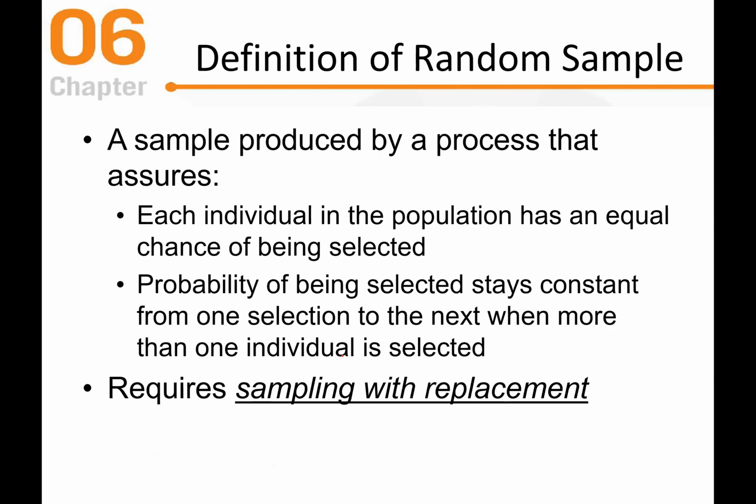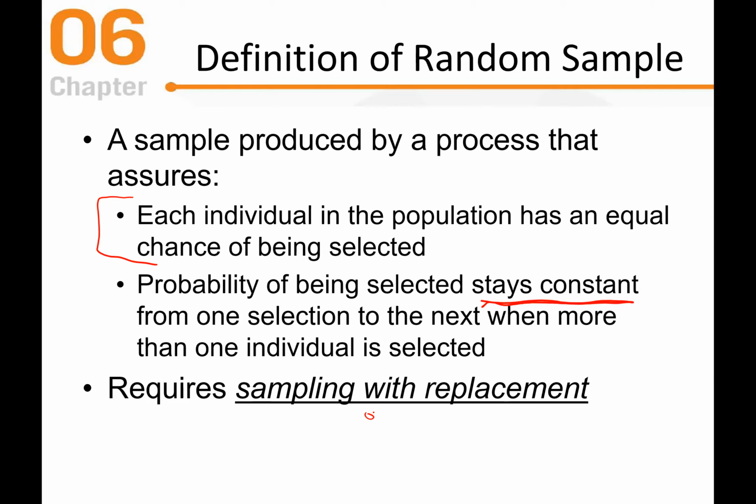A random sample means that each individual has an equal chance of being selected, and the probability of being selected stays constant from one selection to the next. This requires what is called sampling with replacement.